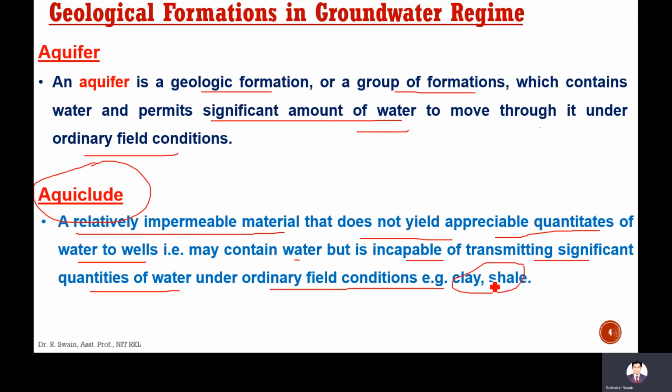If these types of soils are present in a layer, that layer is called aquiclude, which cannot give sufficient water. We cannot withdraw water if we bore a well in this layer.